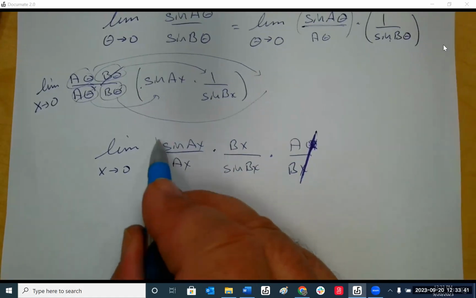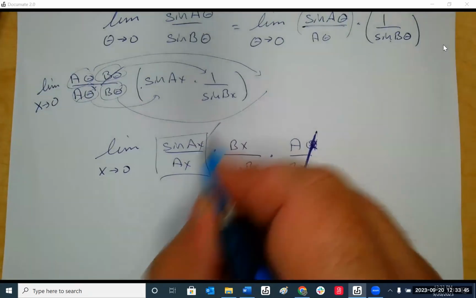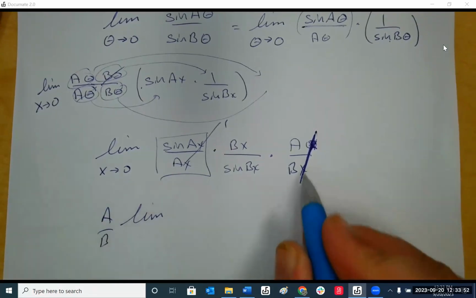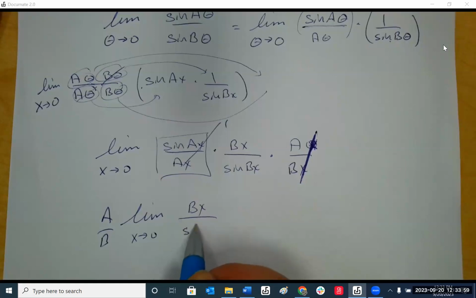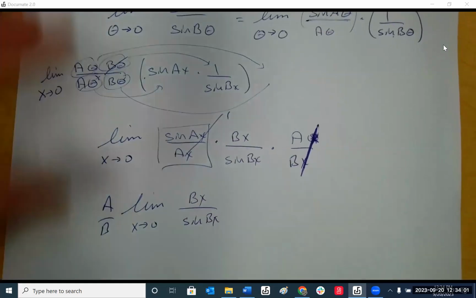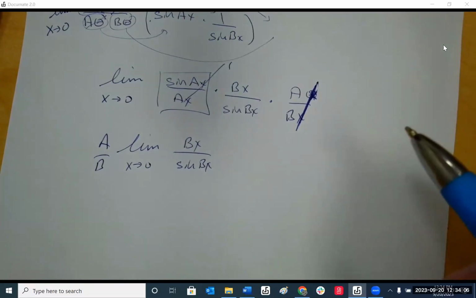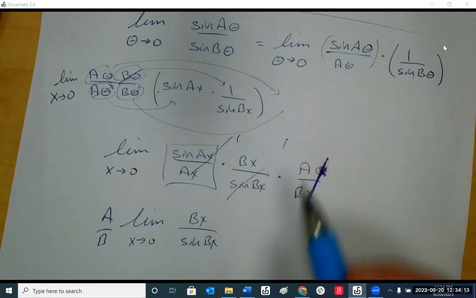As x goes to 0, that goes to where? 1. So we have the limit, well, A and B, because that's a constant. The other one has to go to 1 also.